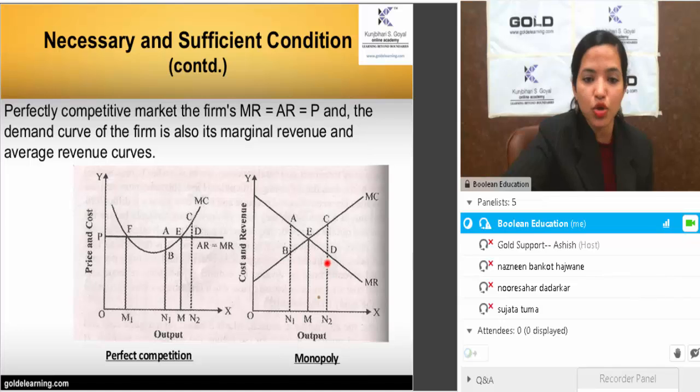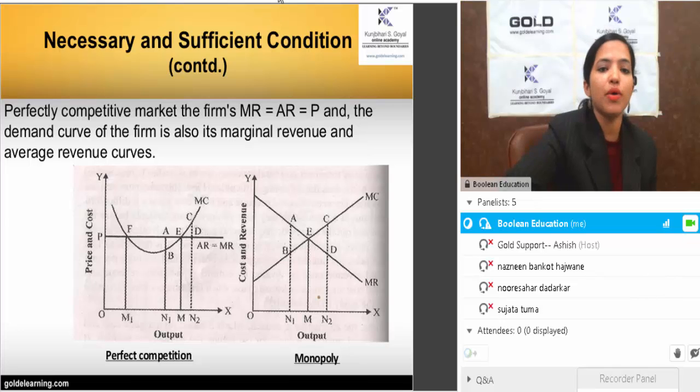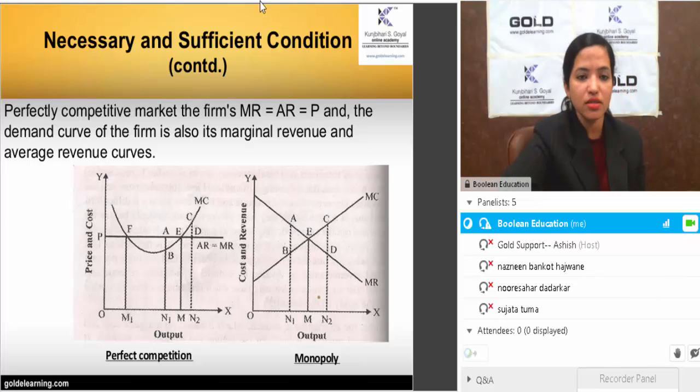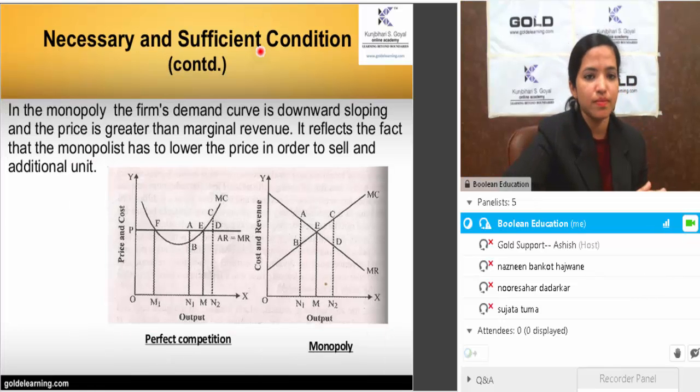Hence, for this monopoly firm, E is the profit maximizing point. This firm should be producing OM amount of output and selling it at, if you draw a perpendicular here, right, OP amount of price. This is how much they should be producing. This is about necessary and sufficient condition.